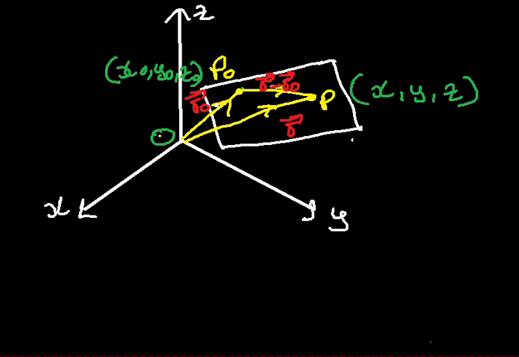Now let's say we have a vector which is perpendicular to, let's say, that vector, which is perpendicular to this vector. Let me have it as this. Let's say this is the vector, and which is perpendicular to the vector.